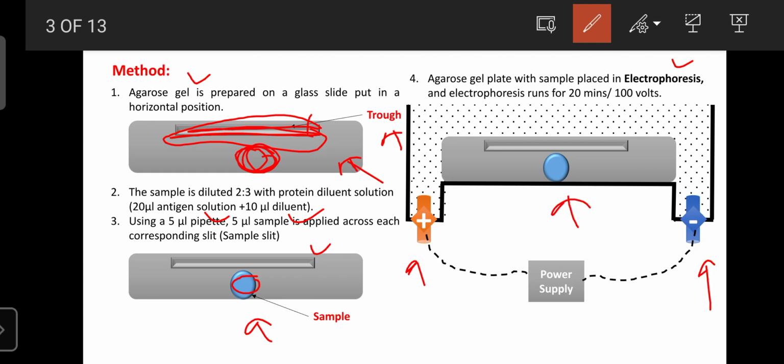Then the electrophoresis is run for 20 minutes at 100 volts. You switch on the electrophoresis after putting in the sample-containing agarose gel plate, then start it, maintaining 100 volts for 20 minutes.